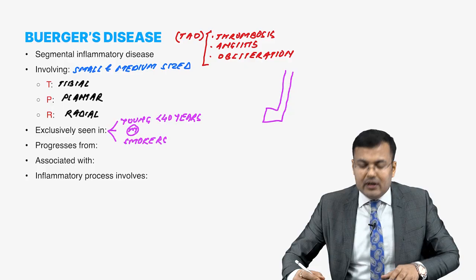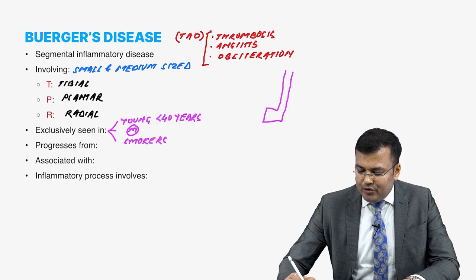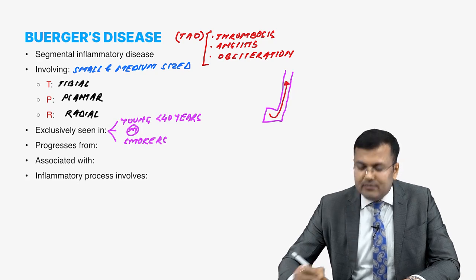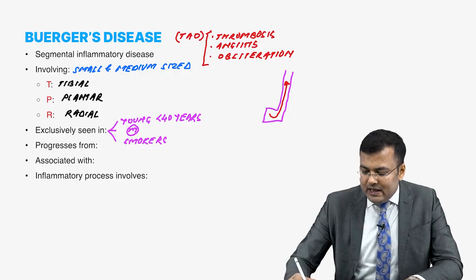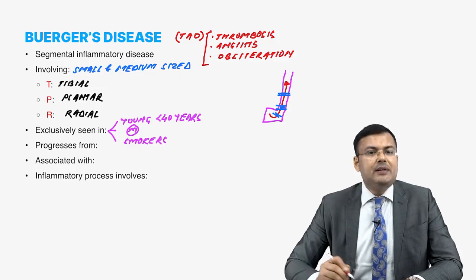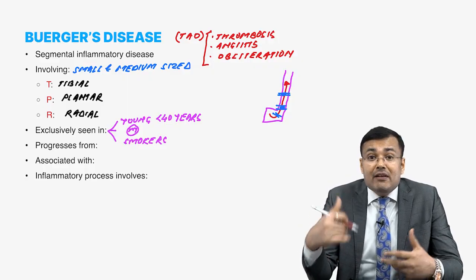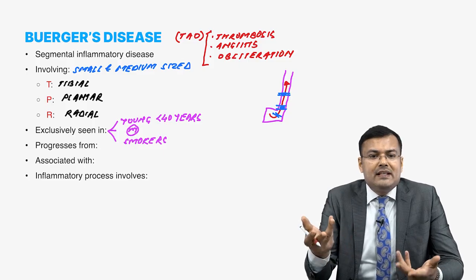What is the progression? Since it is going to involve small and medium-sized vessels, the progression is from distal to proximal. Second, in between, there are skip lesions also. If distal vessels are affected, there are skip lesions also. That's why here, revascularization procedure is not very helpful, because distal vessels are occluded.